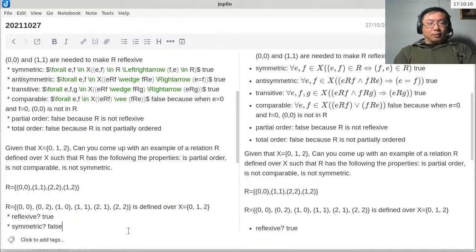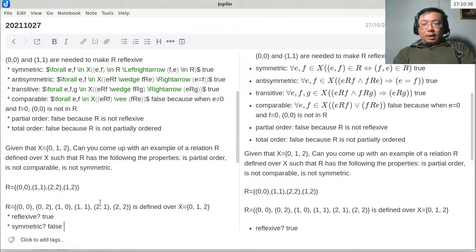It is false. Since the answer is false, now you have to say, since symmetry is defined like this here, what value of E and what value of F will make this statement false, and therefore the universally quantified statement itself is going to be false.